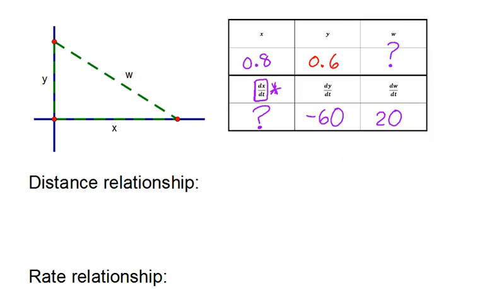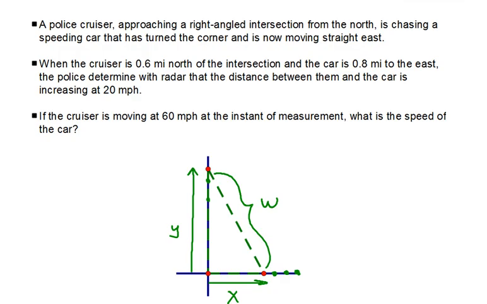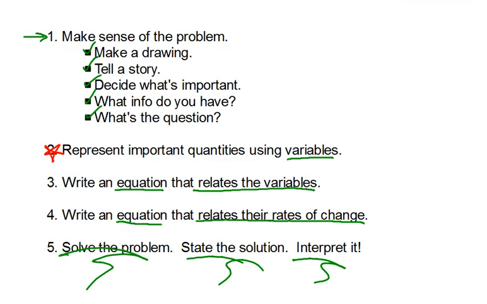Okay, so now we're at the point where we've done some of the modeling, in terms of getting variables set up and understanding the information, translating it into the language of math. Now we're at a point where we can attempt to write an equation that shows the relationship between those variables, and then we can worry about their rates of change.